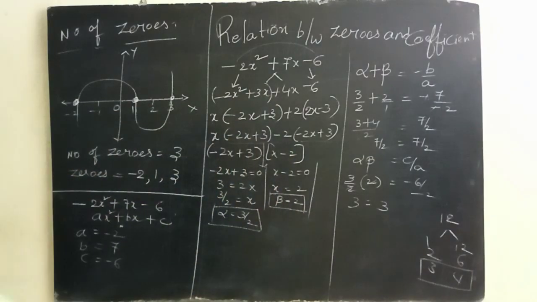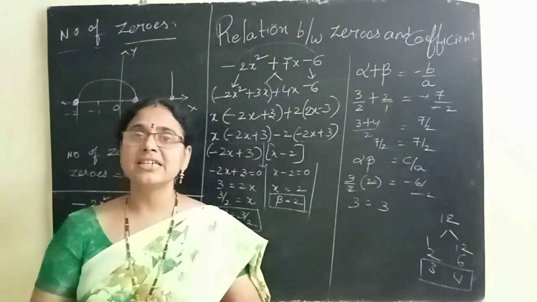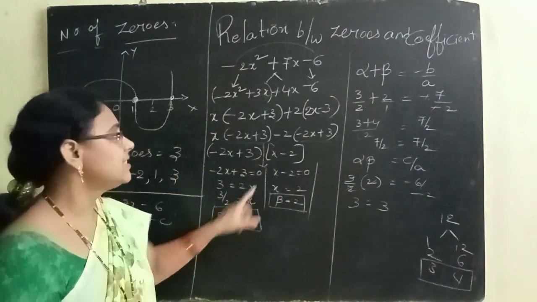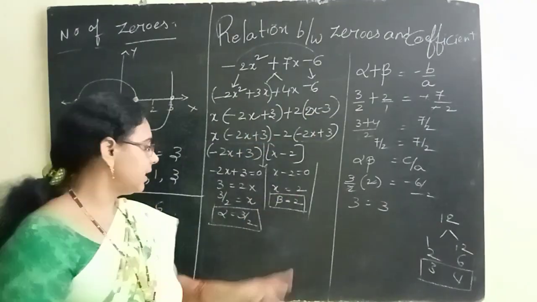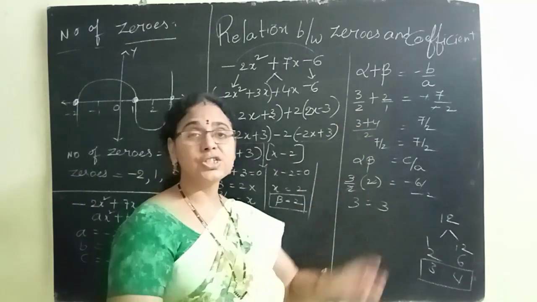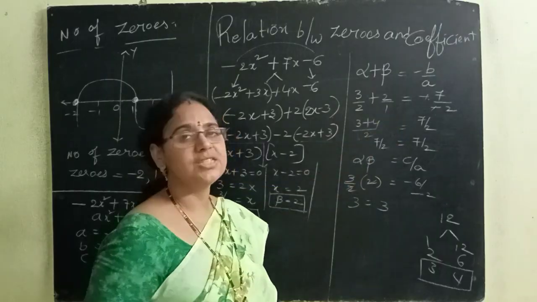Verify. What can we verify? Sum of zeros is minus b by a. Alpha plus beta is equal to minus b by a. Alpha means 3 by 2. Beta means it's 2. Okay, between the fractions you observe plus. So go for LCM. Take the denominator as 1.